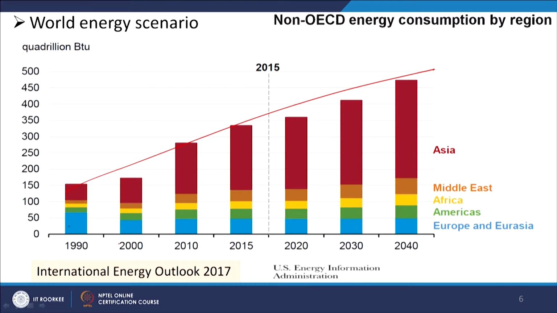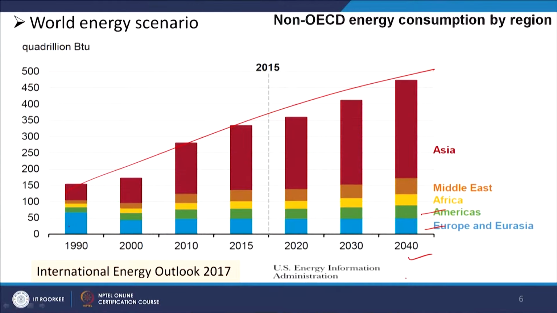However, it is very interesting that Europe and America are not going to increase energy utilization much in future, whereas in the Asian countries energy utilization is expected to increase significantly in the near future. The forecast is available here up to 2040. India, as an Asian country, will also see its energy production and utilization increase.